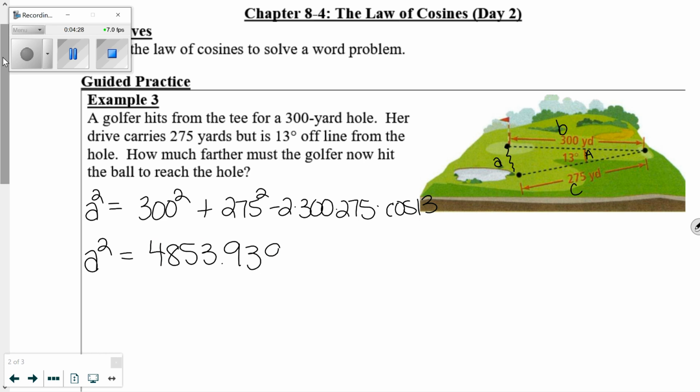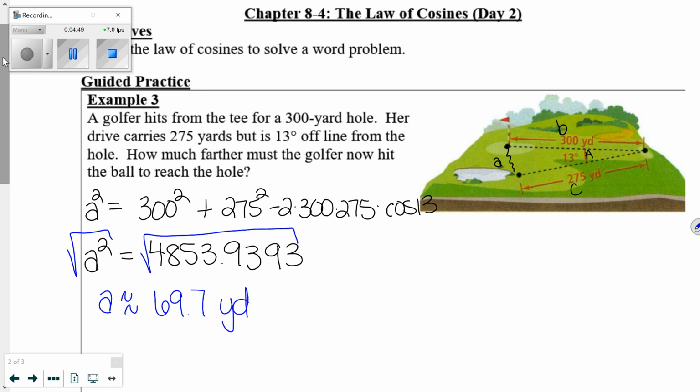So again, the reason why I'm using 4 decimal places is because that's not my final answer yet. Anytime you solve for a side in law of cosines, your last step is to square root it, and that is where we are going to round our answer more than likely to the nearest tenth. So the distance there of A is about 69.7 yards.